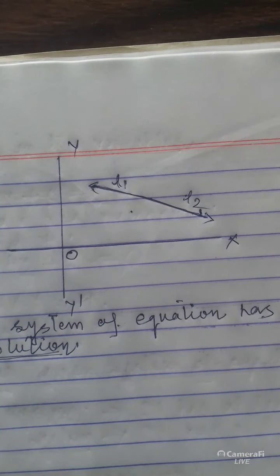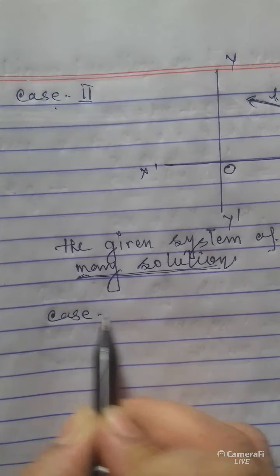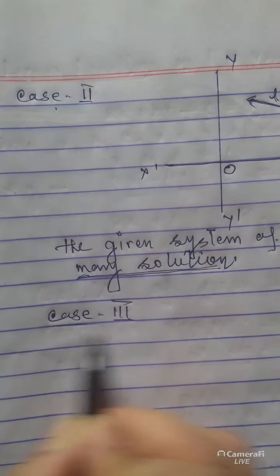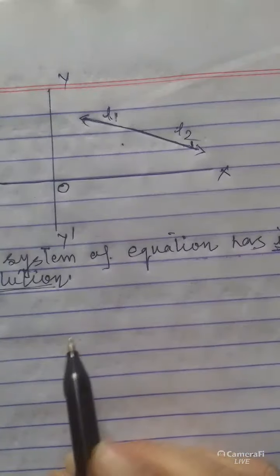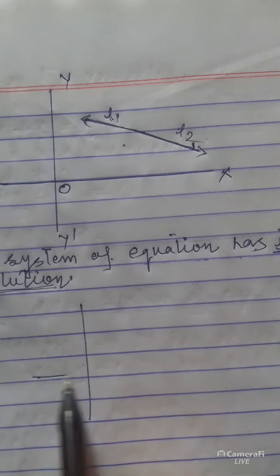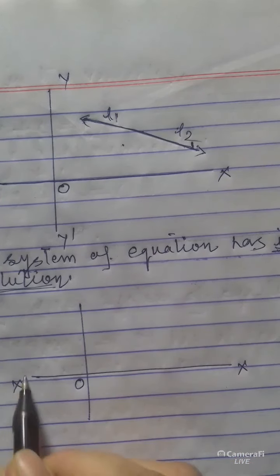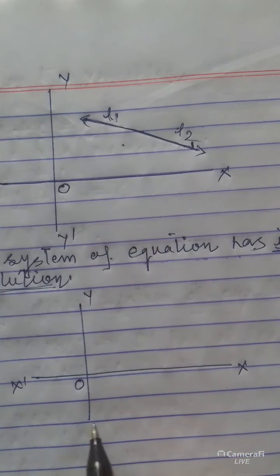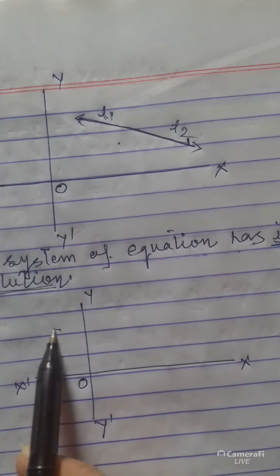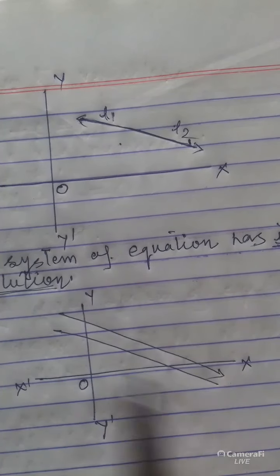Now case 3. What is case 3? This is a graph, origin, x, x dash, y, y dash. L1 and L2.